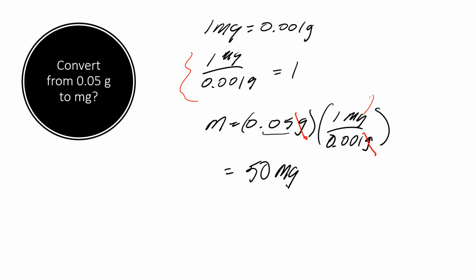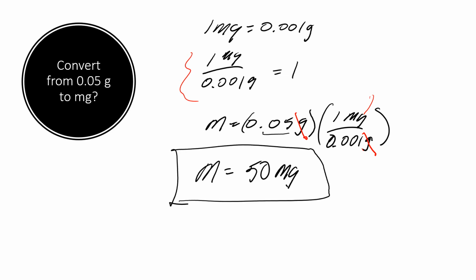A common mistake is to write the conversion factor differently, for example 0.001 grams per milligram, and multiply by it, and then the units would not cancel out correctly. So we found that the mass, starting with 0.05 grams, is in fact equal to 50 milligrams.